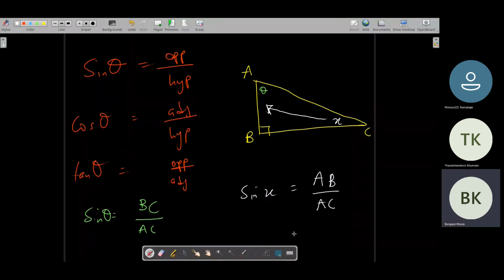Does that make sense? BC, this side, is opposite only to theta. It's not opposite to x.